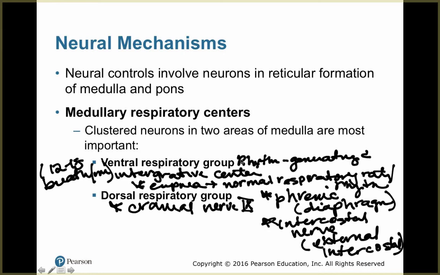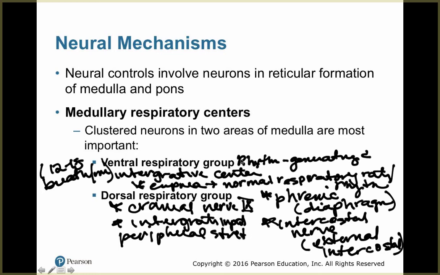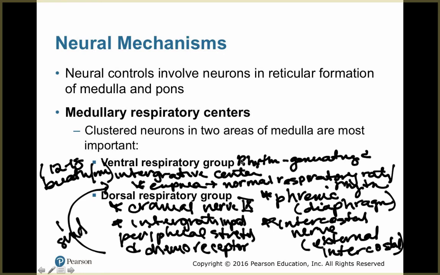They integrate input from peripheral stretch and chemoreceptors, and they send information to the ventral respiratory group. There's not a lot known about this group of neurons.